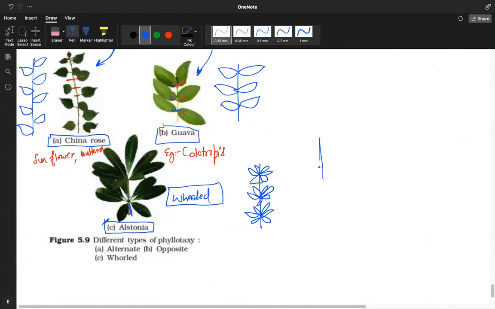But in palmate leaves, it is in this orientation, like your palm in 2D. Whorl is 3D. You understand? It's making a circle. Your fingers are not making a circle, no? And it is not in the perpendicular orientation to your wrist. It is just in line. Do you understand?